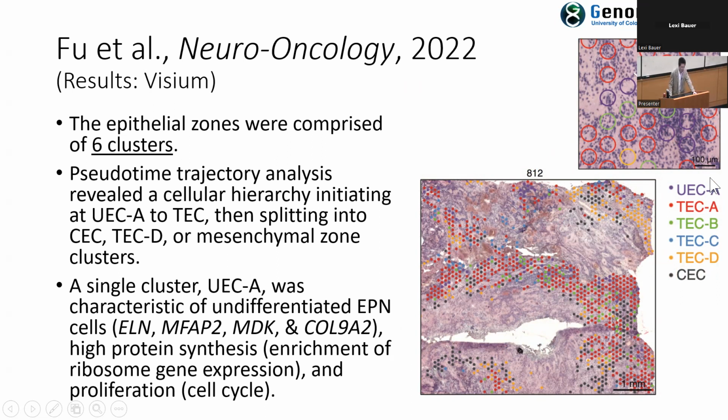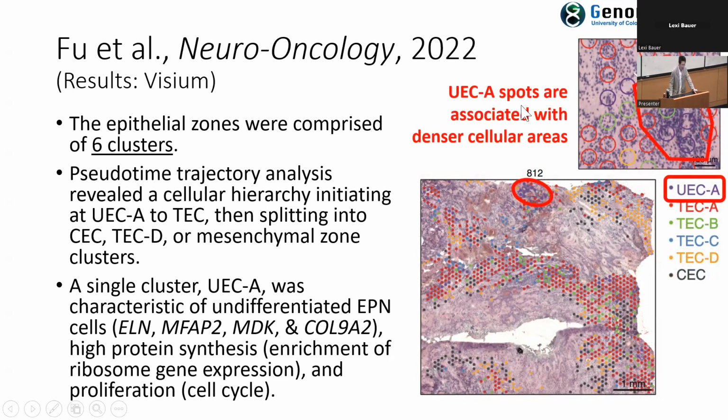You got the UECA, so that's the undifferentiated ependymoma cells, and TEC A, B, C, D, so those are transportive ependymoma cells, CEC, so ciliated, and then they get the M in the mesenchymal zones. Obviously, they're not going to be here, but you get the MECs, right? And here's the first interesting clue that they found, that the UECA spots are associated with denser cellular areas.